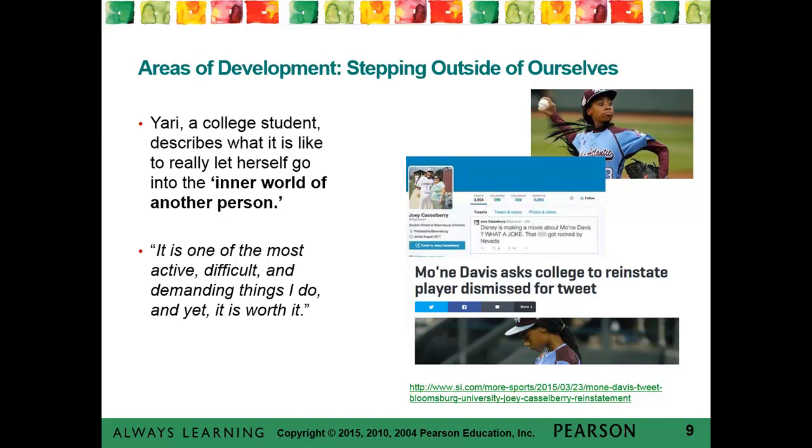So she wrote a letter to the university president asking him to reconsider dismissing this young man at Bloomsburg who made this very sexist joke. And so you can imagine that she stepped into the world of Joey, this young man who made that unfortunate comment that will haunt him the rest of his life, and which he did apologize for.